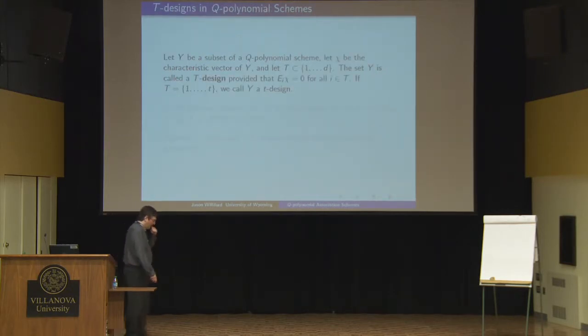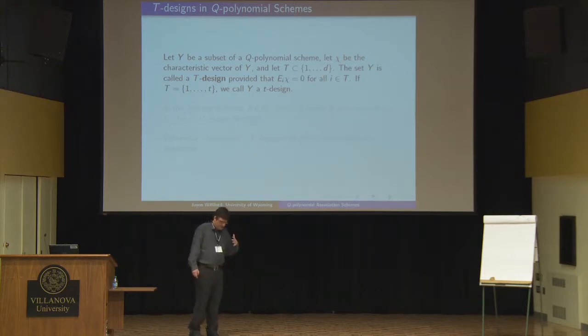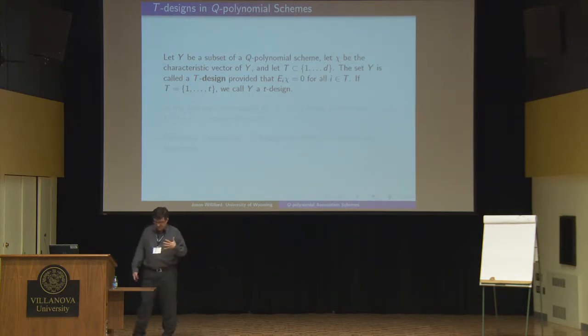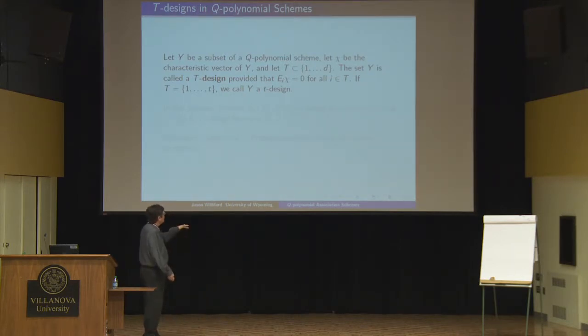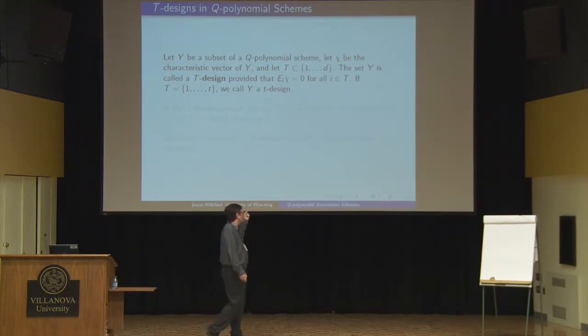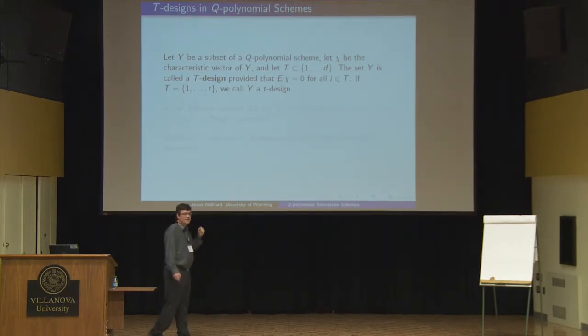Okay, so where was Delsarte coming from? He was looking at coding theory and design theory, and in his thesis he came up with a general bound, the linear programming bound, which I'm actually not exactly going to talk about here, but he also started examining when this bound was tight and came up with notions of so-called capital T designs.